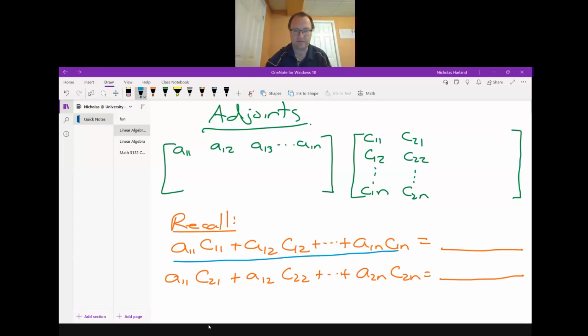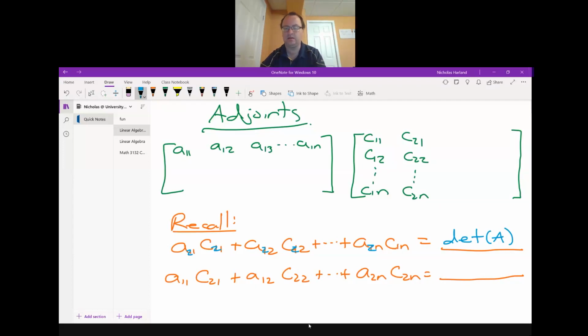So right here, this first computation, the C's are the cofactors, just like in cofactor expansions. So what's that first line equal to? Alright, so that first line is equal to the determinant. And in fact, if we did it along the second row, we could replace all these 1s with 2s, and we'd get the same thing.